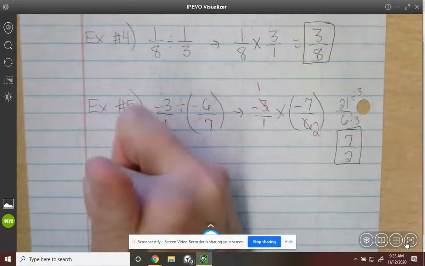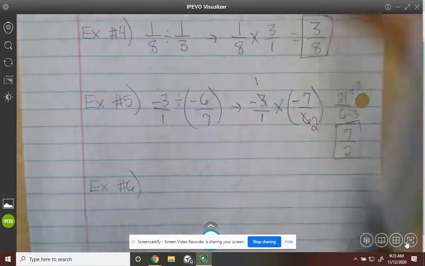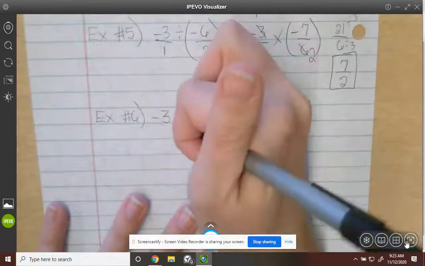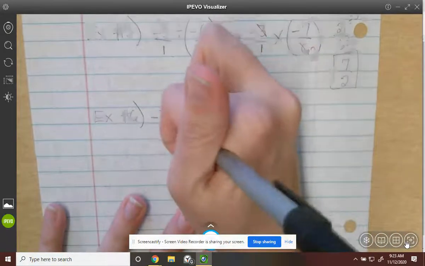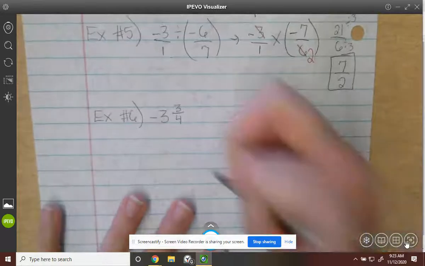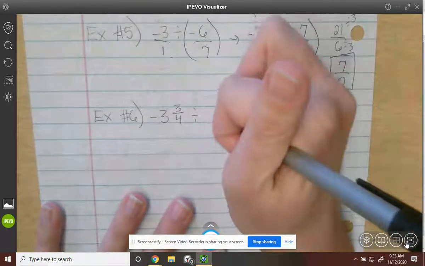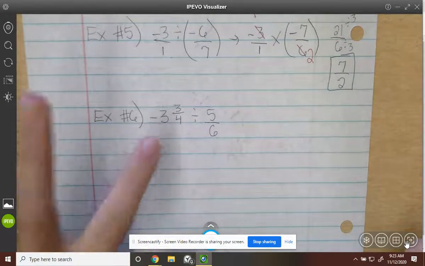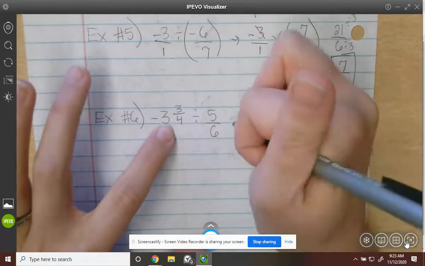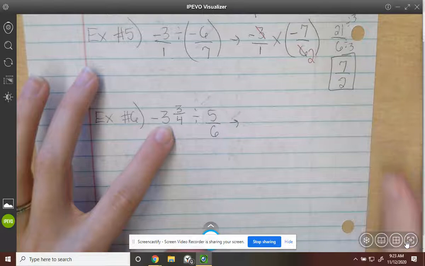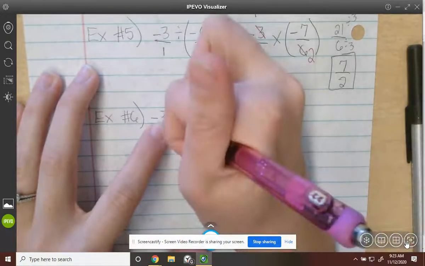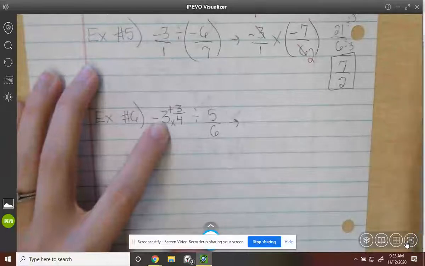All right, last one, and then I'll let you get started on homework. -3 3/4 divided by 5/6. That's annoying. Okay, I have to turn this improper. 4 times 3 is 12, plus 3 is 15.